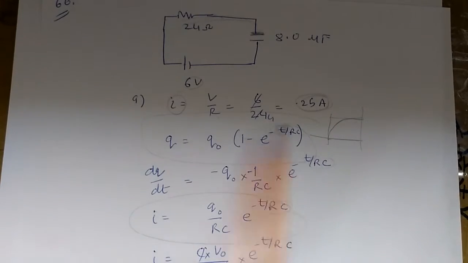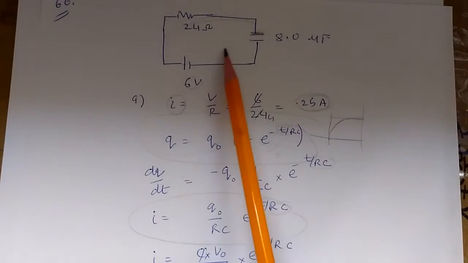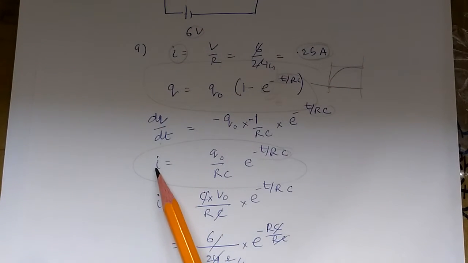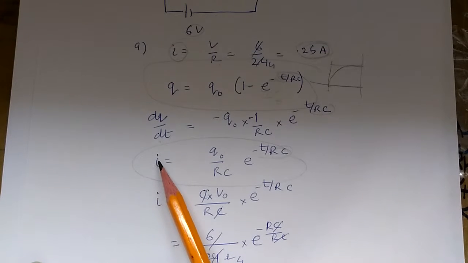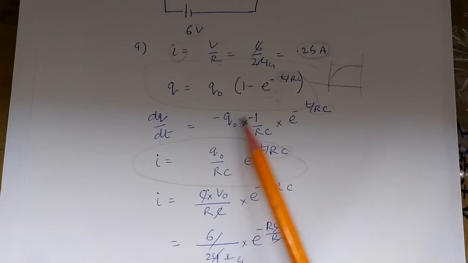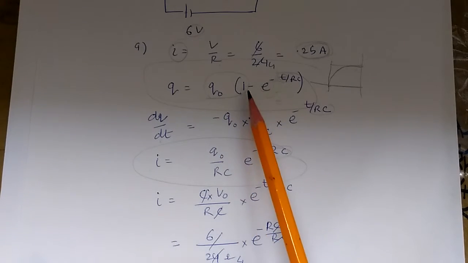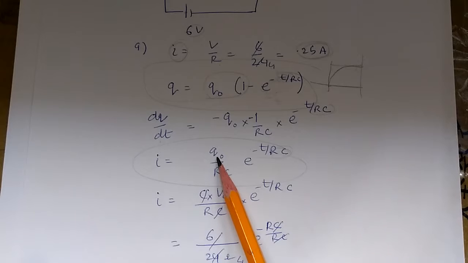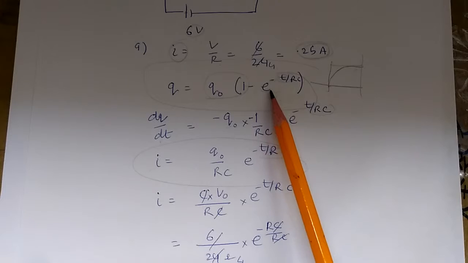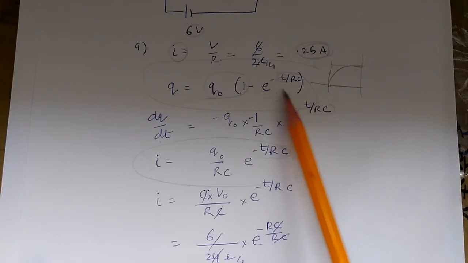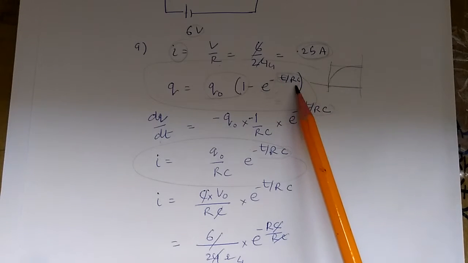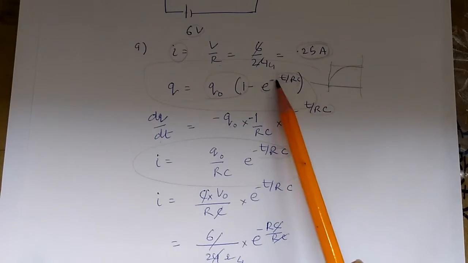So the formula looks good, but we need to find the current through this circuit. To find the current, we differentiate: dq by dt is I. The rate of change of the charge flowing through the circuit is the current I. Differentiating, the first term becomes 0, the second term is minus Q naught multiplied by the derivative of e to the power minus t by RC, which is e to the power minus t by RC multiplied by d by dt of minus t by RC, that is minus 1 upon RC.